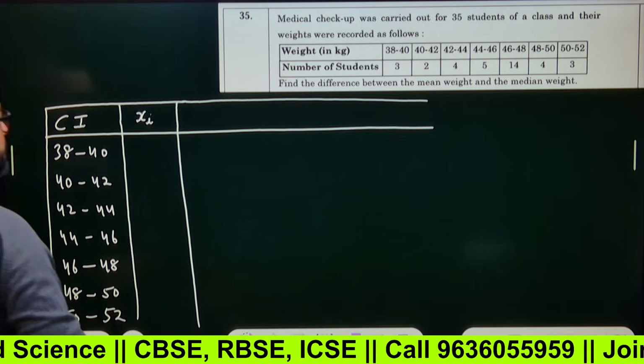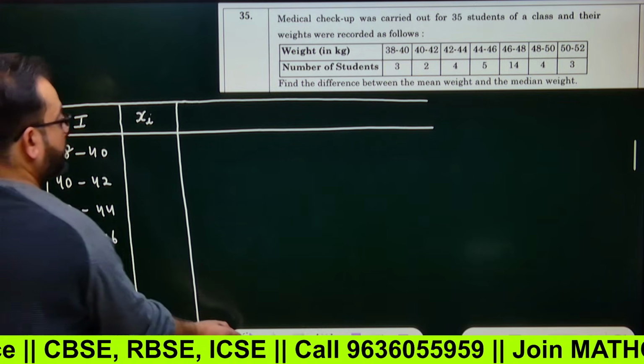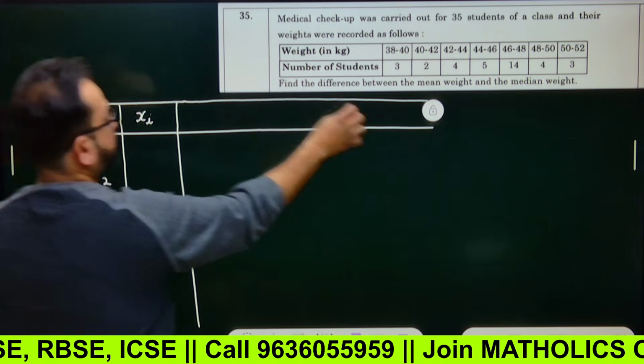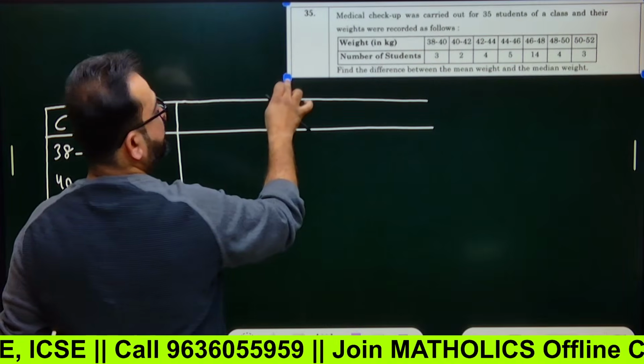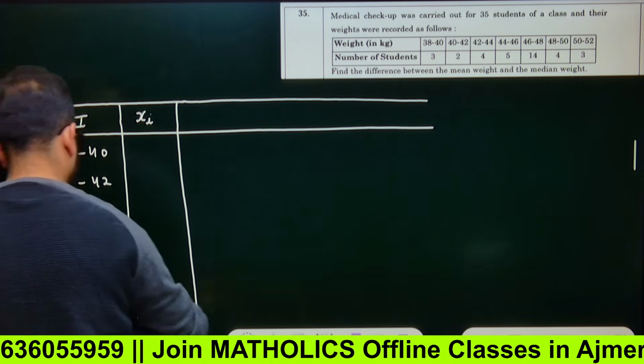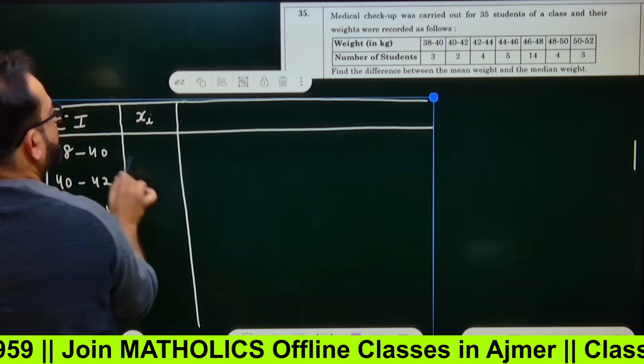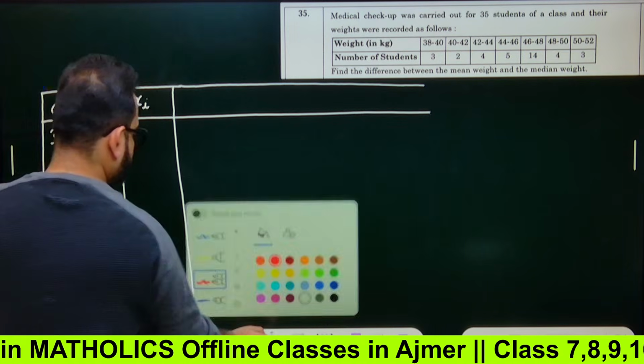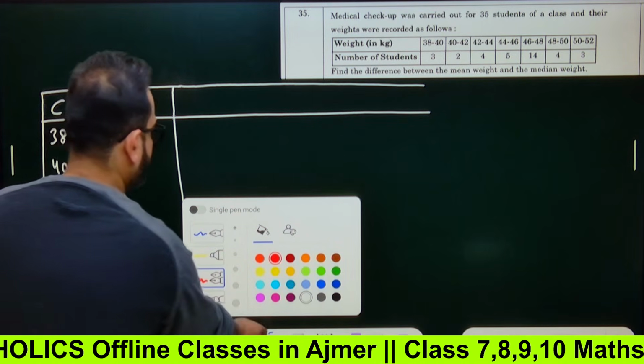You just have to focus on the data which is given. The data must be taken care of very, very thoroughly. Why is it so? You'll understand very soon. What is the formula for mean which we have learned?